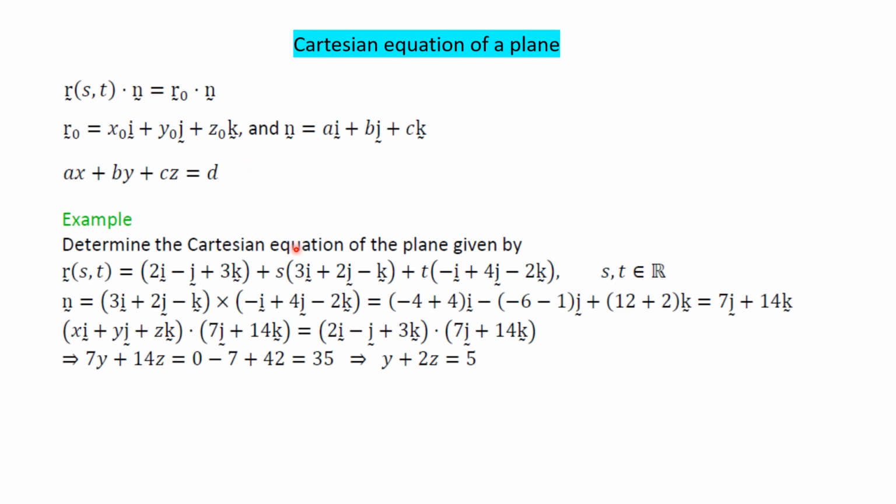Vector n can be found by taking the cross product between U and V. Okay, so that's how we find vector n. Once you have that, you take R0 and dot with the vector n, and on the left hand side, you take R and dot with vector n. Then you just expand everything out, and you will end up with this equation.